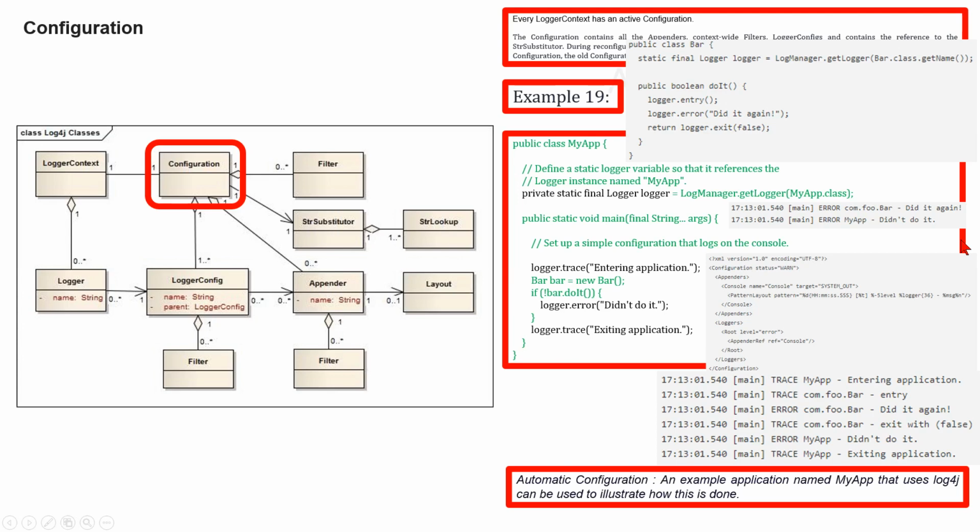If a JSON file cannot be located, the XML ConfigurationFactory will try to locate log4j2.xml on the classpath. 10. If no configuration file can be located, the default configuration will be used.